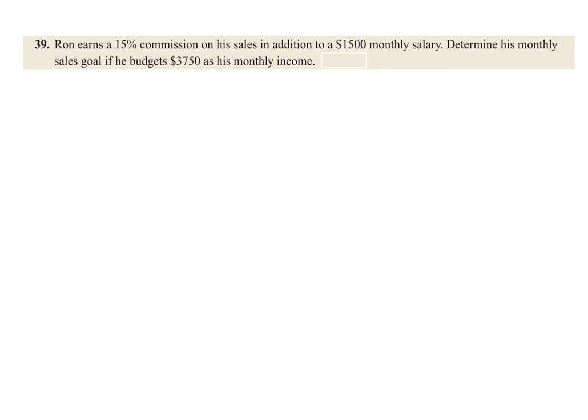Ron earns 15% commission on his sales in addition to a $1,500 monthly salary. Determine his monthly sales goal if he budgets $3,750 as his total monthly income. No matter what, he is going to get $1,500. In addition to that, he is going to get whatever he sells, his sales, times his 15% commission. Remember, in decimal, we want 0.15. That should equal how much he makes total.